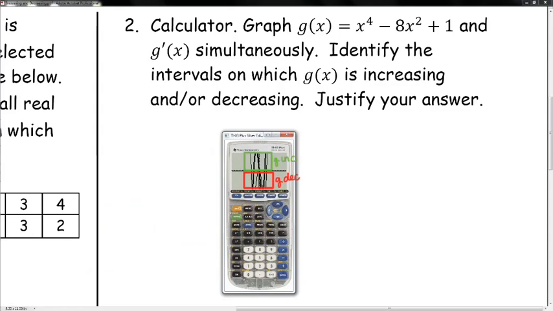Alright, so let's go ahead and get those x-intercepts. I want to clear this. I'm going to go back to y, and I'm just going to turn this off so we can see it better. Go back to graph. And I just want to find my x-intercepts, or my roots. So second calc, zero. Get this first one over here. Left bound, right bound.